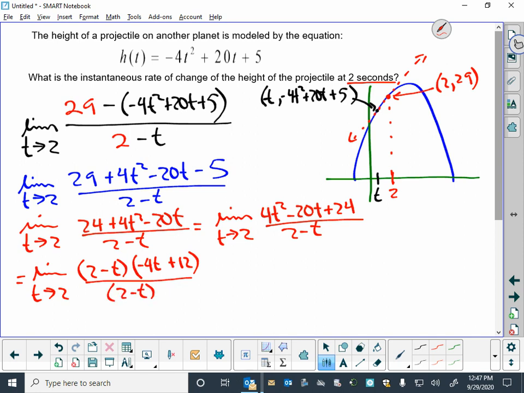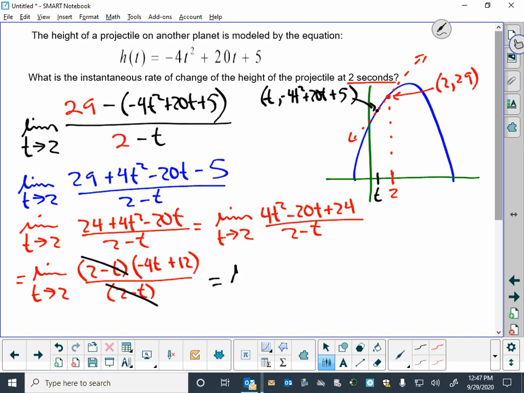Factoring is important in calculus, but it's easier than it was because you usually have clues. I can see what I end up with here is this 2 minus t divided by 2 minus t, which most of the time is equal to 1 as long as t is not equal to 2, but I'm taking the limit as t is approaching 2, so I'm not actually going to land at 2.